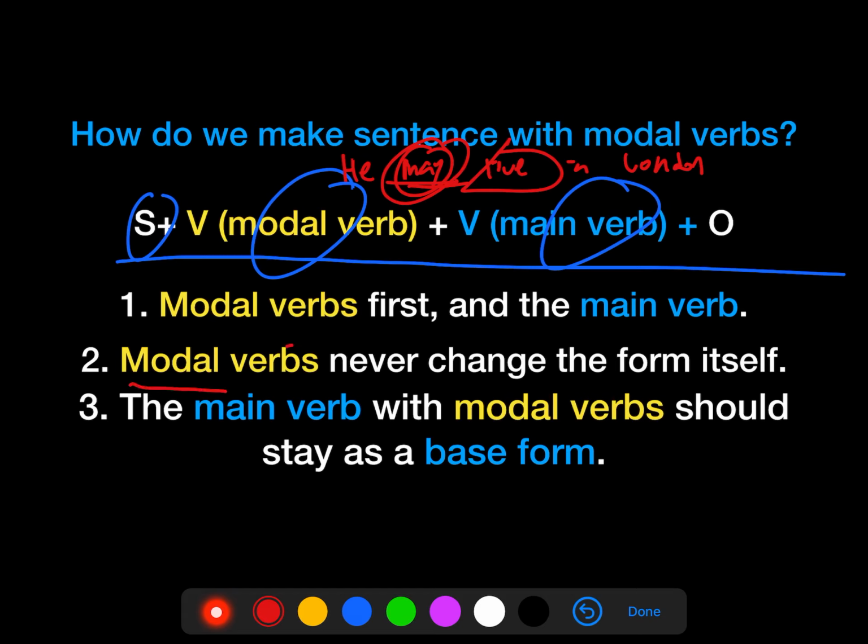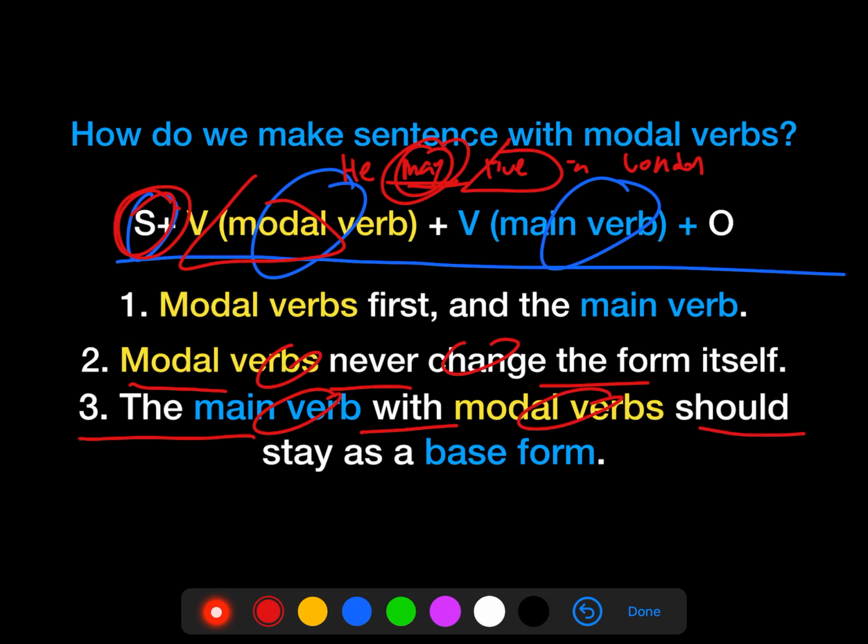What about the second one? Modal verbs never change their form. Regardless of which subject it is, like he, she, we, the modal verb always stays the same. Okay, rule number 3. The main verb with a modal verb should stay in the base form.